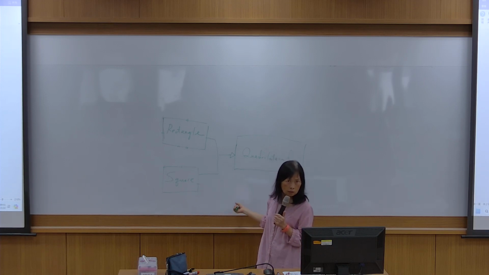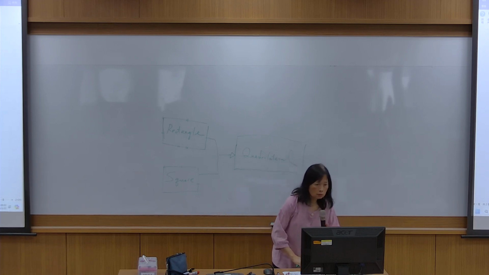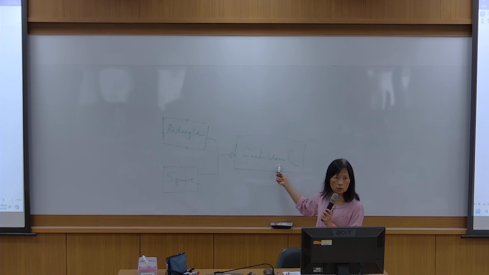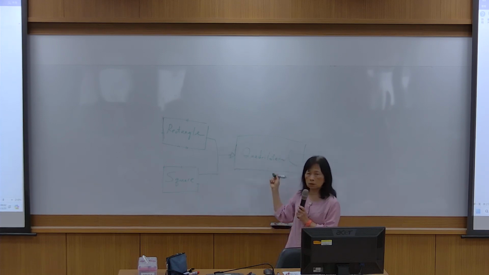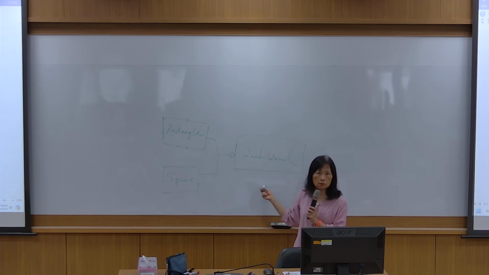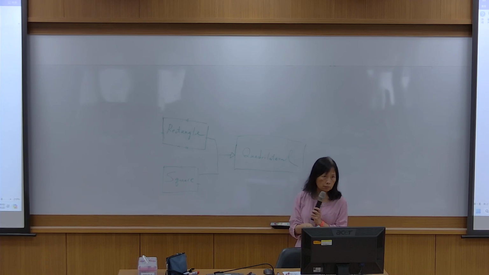Well, that's okay. Rectangle is a kind of quadrilateral. So is square. Square is a kind of quadrilateral. Will it be okay to meet LSP or no?